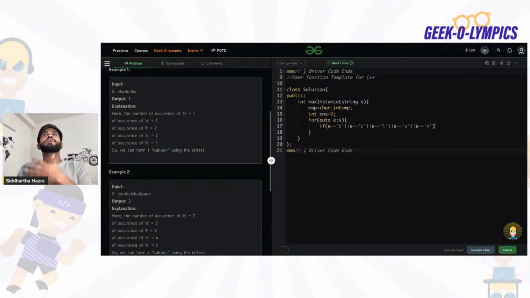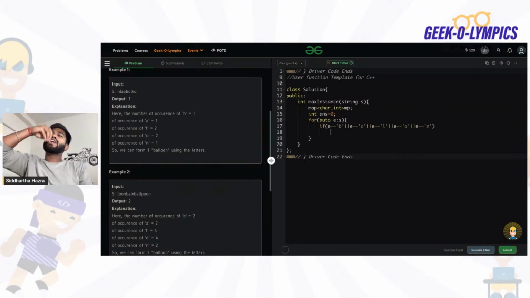Let's say to make a recipe of paneer, I have chicken also. Chicken is not required to make a recipe of paneer. That is why I'm just kind of ignoring the things that are not required. Okay, mp of e plus plus itself.